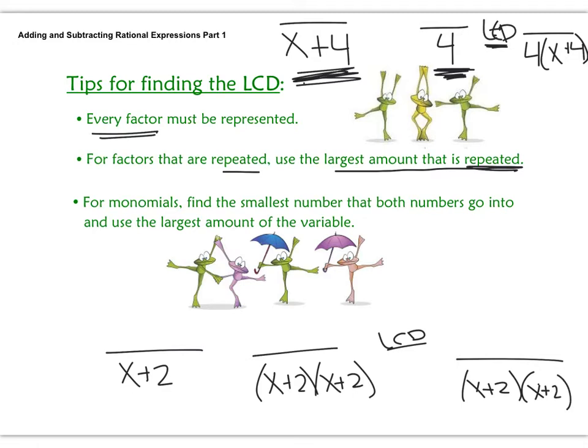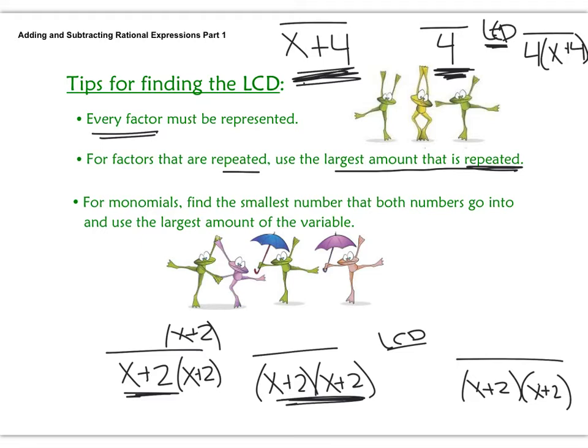I would need to use two of them because this one already has 2, so it's not really missing any piece to turn it into that. This one would be missing another x plus 2, so I would multiply top and bottom by the piece that it was missing in order to make it look like the other one. This goes back to I can't make it smaller. It has to be at least as big as it is, if not bigger.